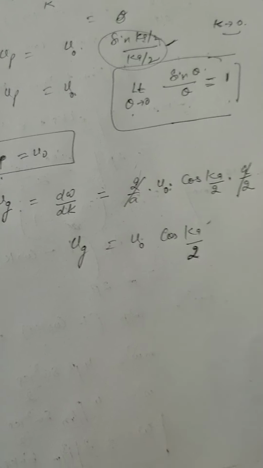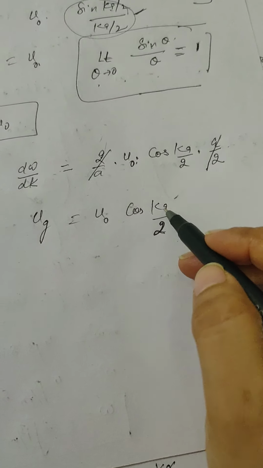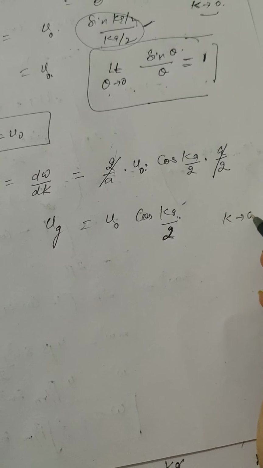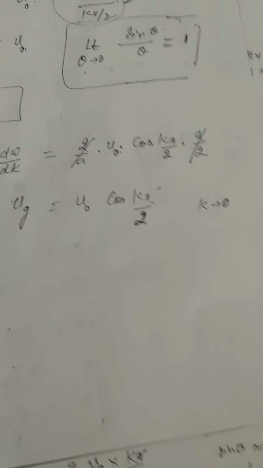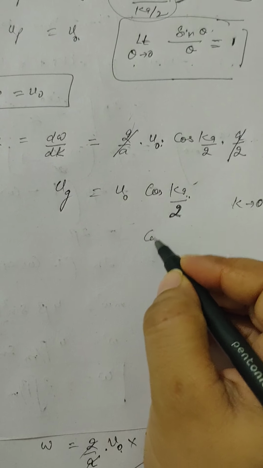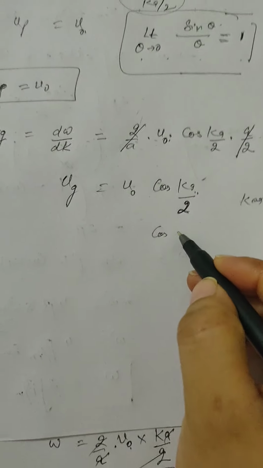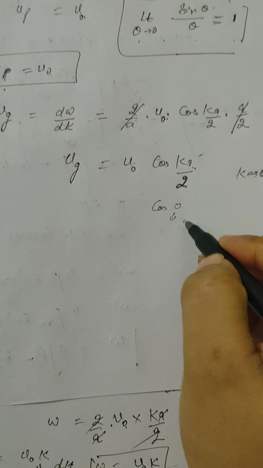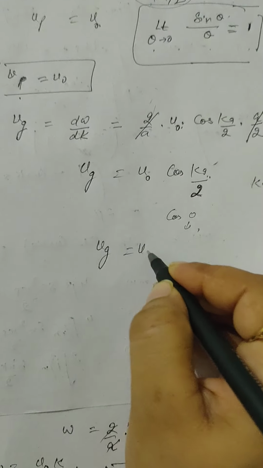When k tends to 0, cos 0 is equal to 1, so vg is equal to v naught.